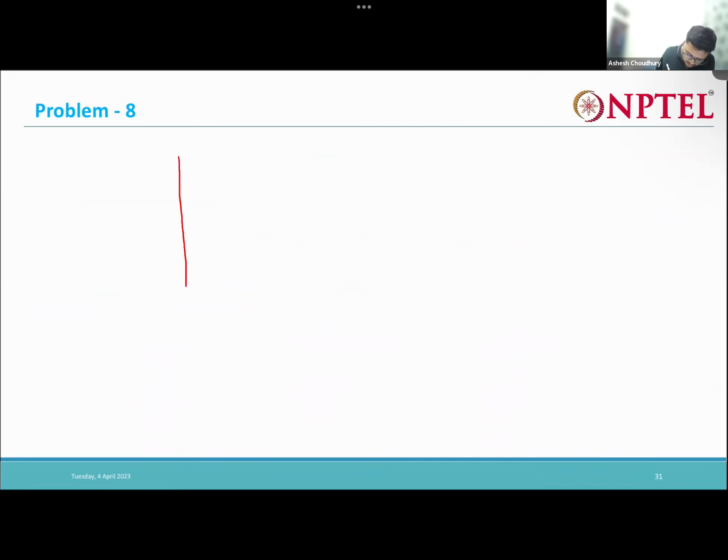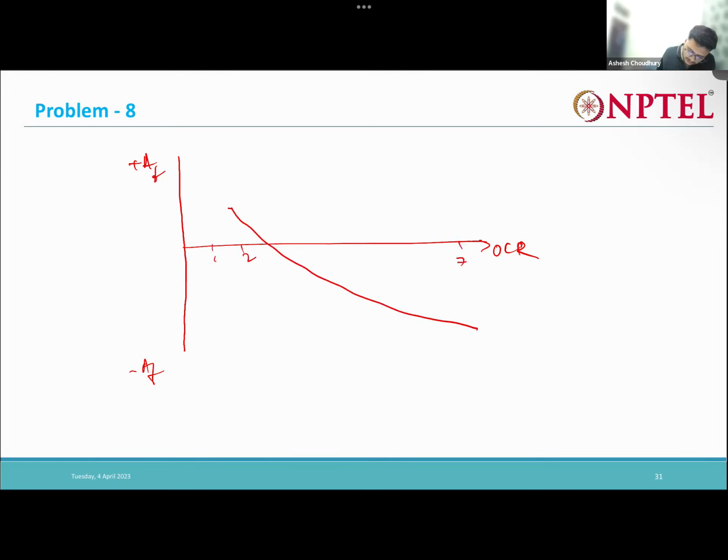So let us draw. In this side we have the OCR, this side plus A_f, this side minus. When the OCR is here, you will be getting a line almost like this.